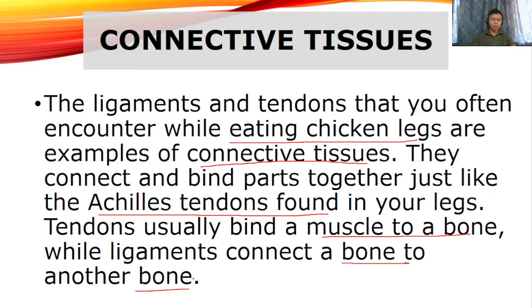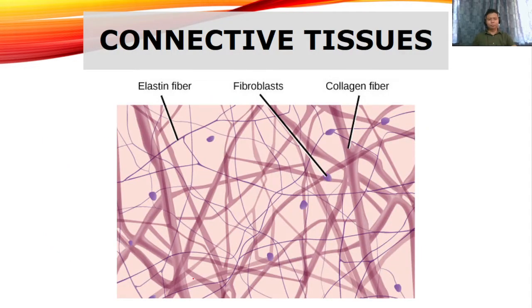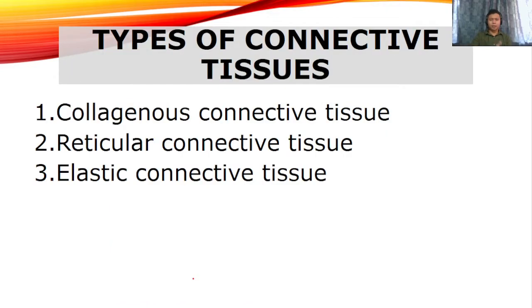Remember that one. So connective tissues can be elastin fiber, fibroblast, or collagen fiber. They are of different types. Let's tackle them one by one. For the types of connective tissues, we have the collagenous connective tissue, reticular connective tissue, and the elastic connective tissue.